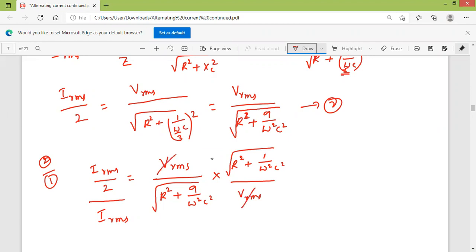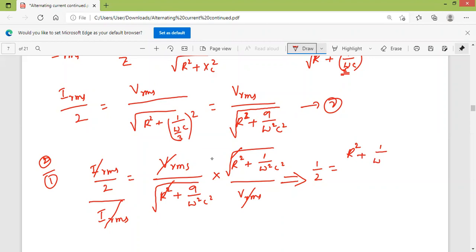VRMS and VRMS get cancelled, IRMS and IRMS get cancelled. This implies 1 by 2 is equal to... the square root and square root get cancelled. The remaining is R square plus 1 by omega square C square.